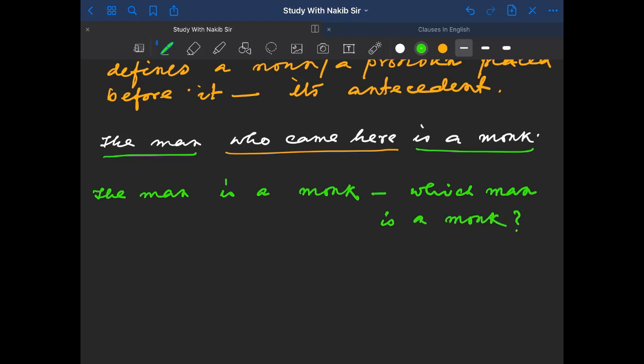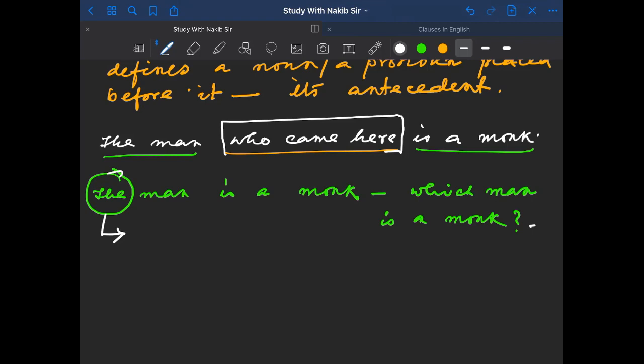Immediate question, because man is here preceded by the definite article the. The is the definite article, it indicates some particular man. So the question is, which man is a monk? Okay, and the part who came here is the answer to this question.